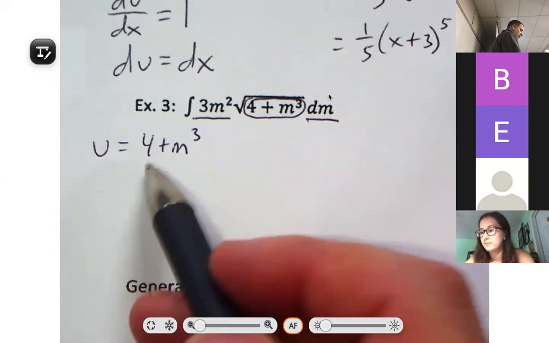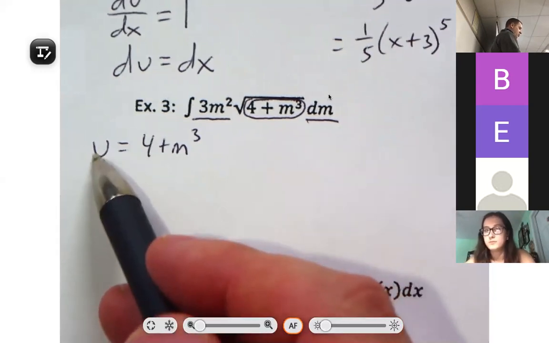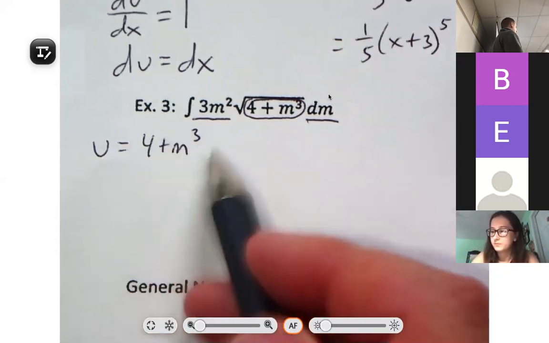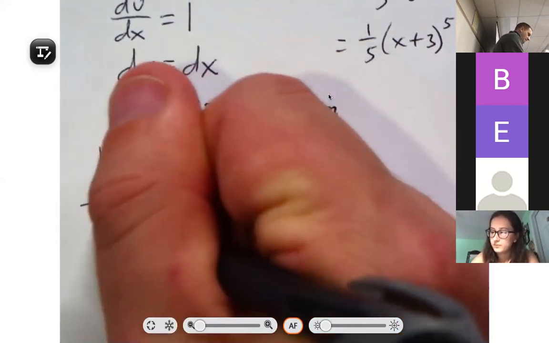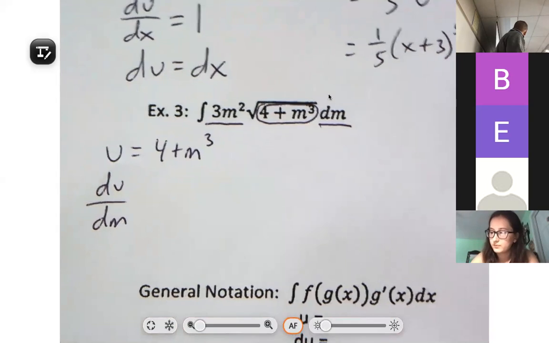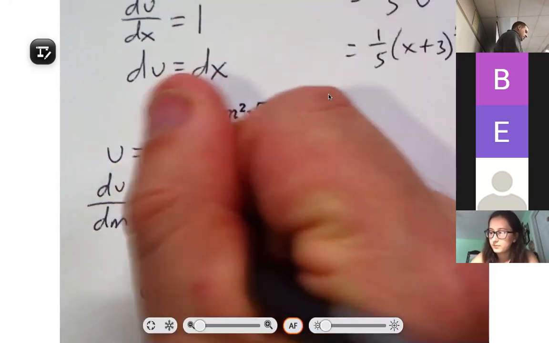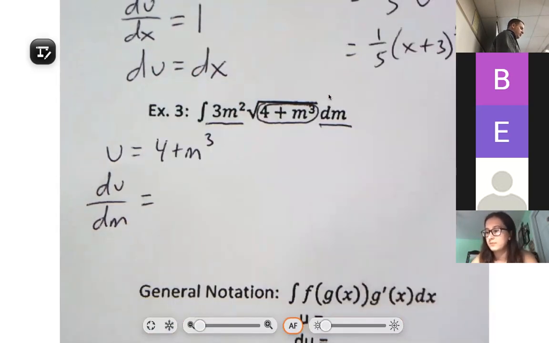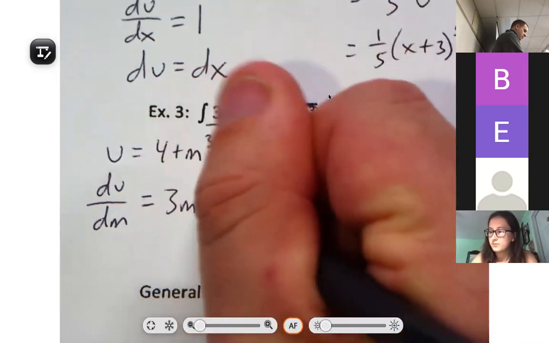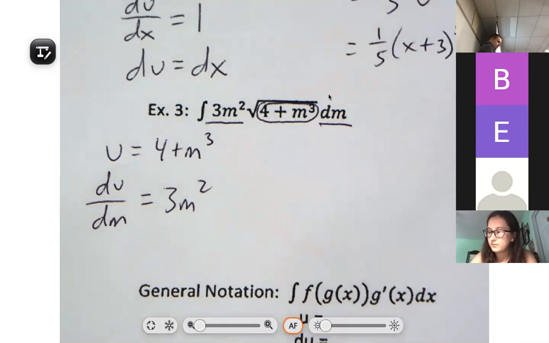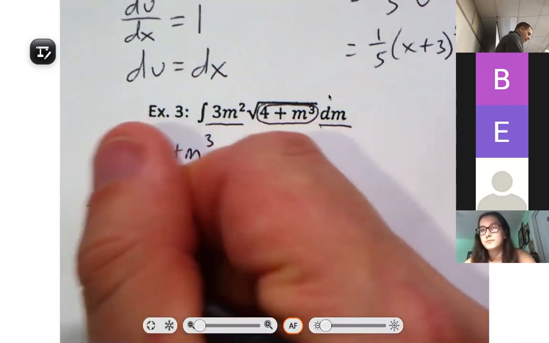Now on this one, we're taking the derivative of u, but this time it's with respect to m. So on the left side, I would write du dm equals, and then I'm going to differentiate the right side. So 3m squared. Remember the 4 goes away. Then I'm going to take that denominator and move it over to the other side of the equal sign.